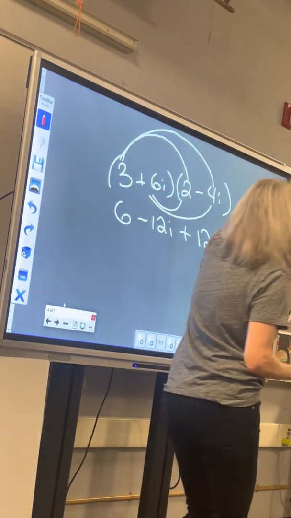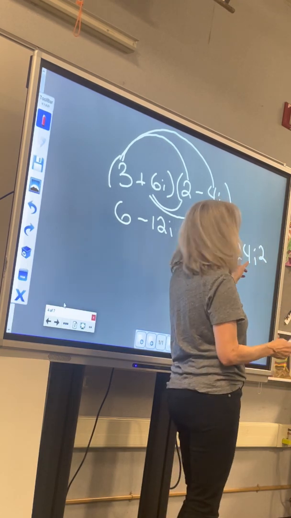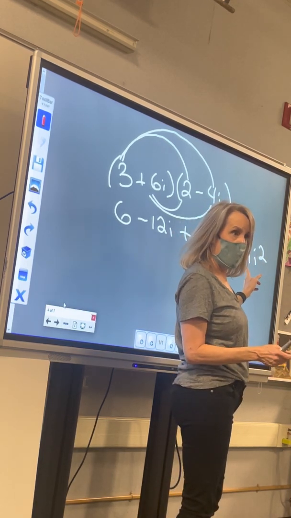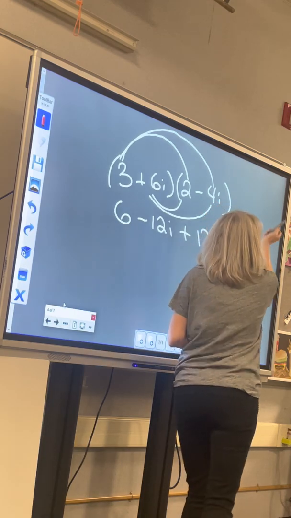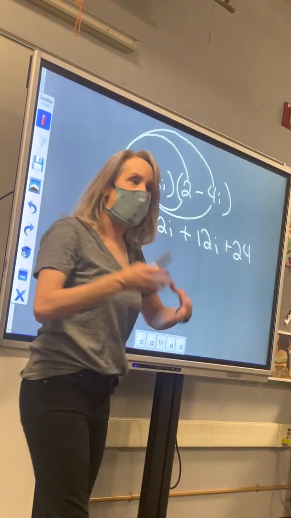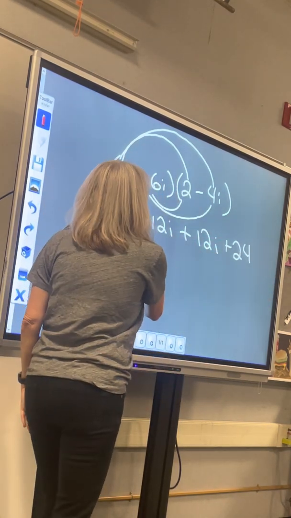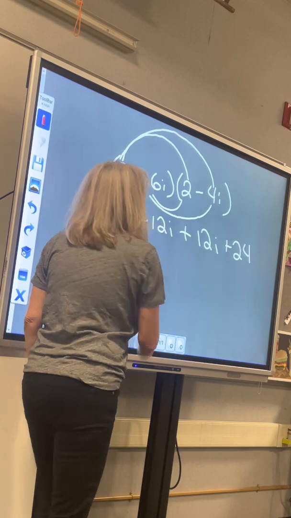So let's start in the back. I don't like i squared. That becomes -1. What does it do to the sign here? Positive. Beautiful. So that's gone. Now let's clean it up. Let's put our real numbers with our real numbers. 6 and 24 make 30. And watch this one, it's kind of cool.